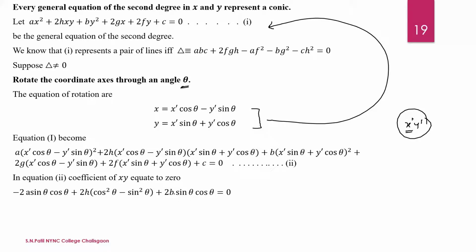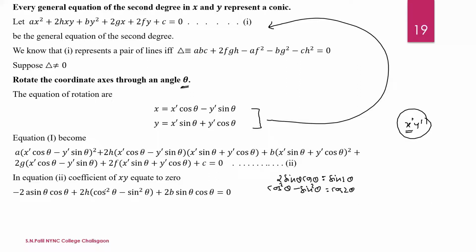Now from the first and third terms, 2 times sine theta cos theta is common, and we know 2 times sine theta cos theta is equal to sine 2 theta, and we know the bracket cos square theta minus sine square theta is equal to cos 2 theta.